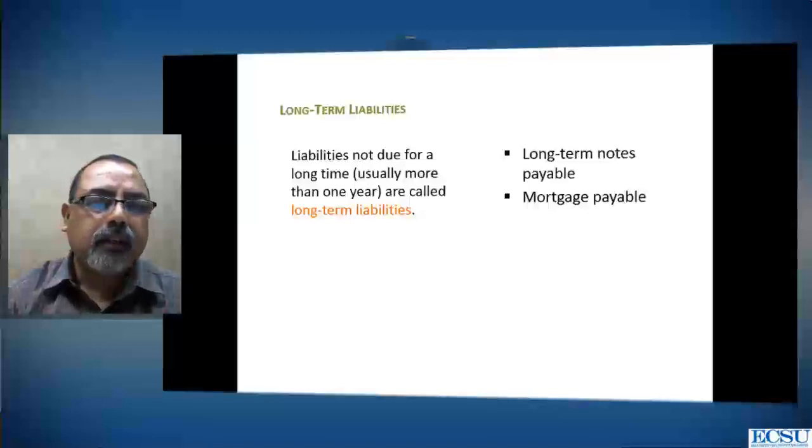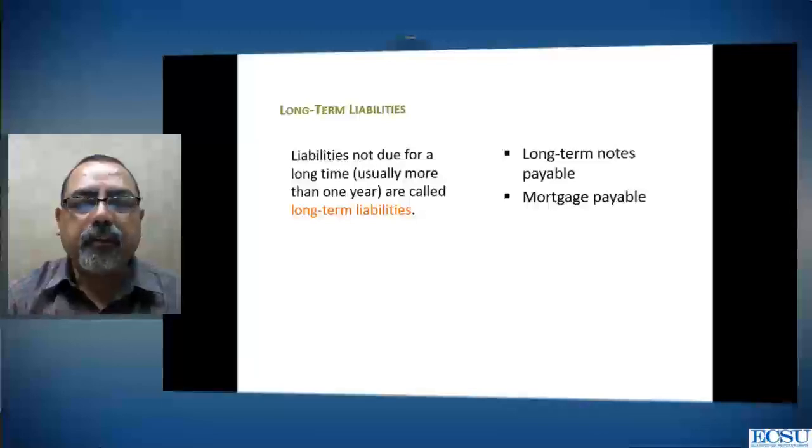Now here there is a small concept that you have to remember. Sometimes, like that mortgage, we take for a 15-year period, but whatever is paid or payable within 1 year will be considered as a current liability, and the remaining will be considered as a long-term liability. Please understand, supposing I have taken a 150,000 mortgage for 15 years, each year I am supposed to pay 10,000.